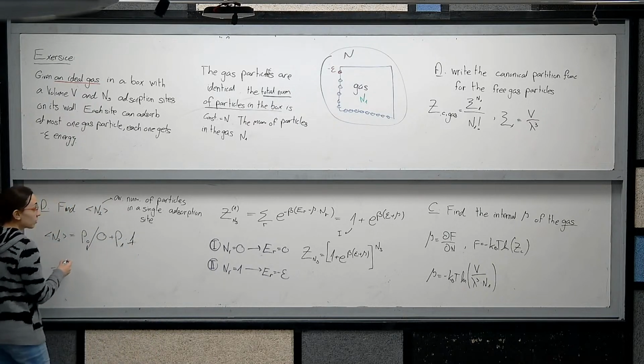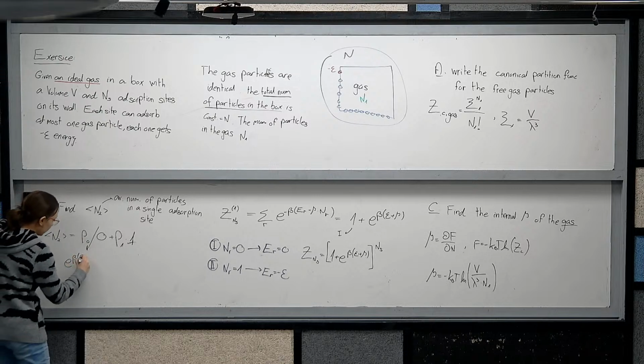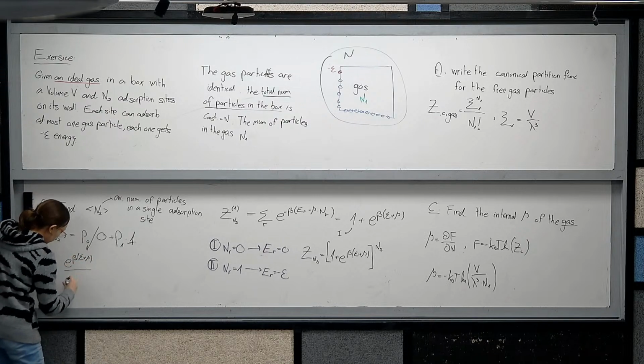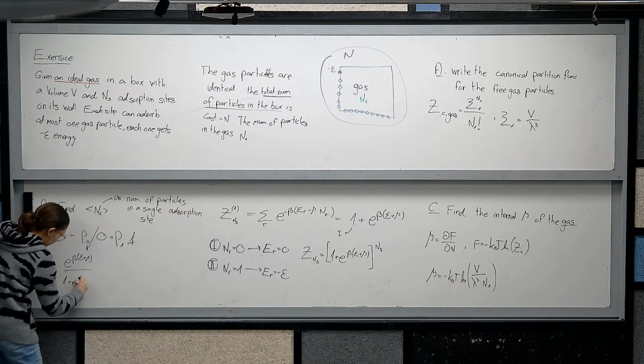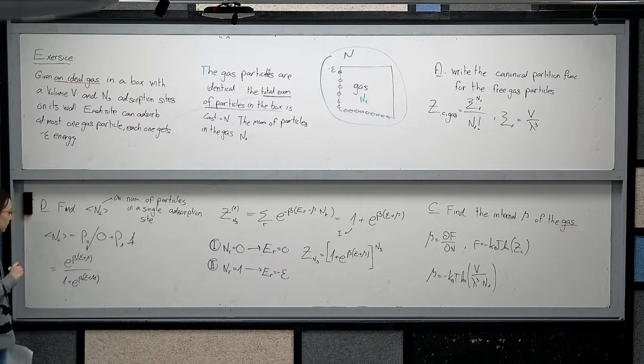So this equals e to the power of beta times epsilon plus mu divided by 1 plus e to the power of beta times epsilon plus mu. And this is the average number of particles in one adsorption site.